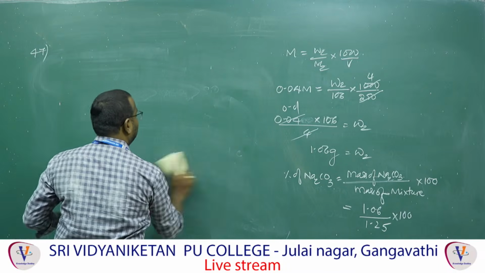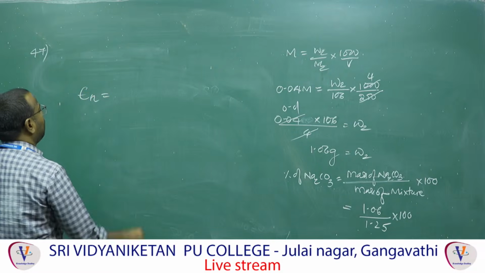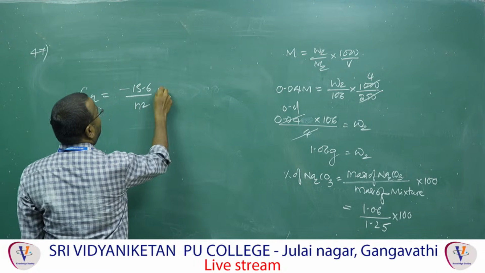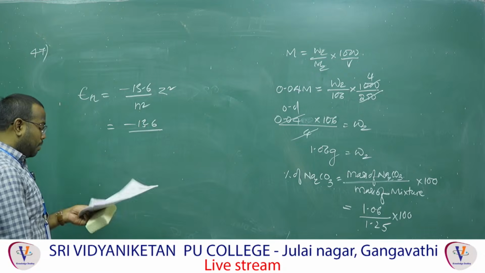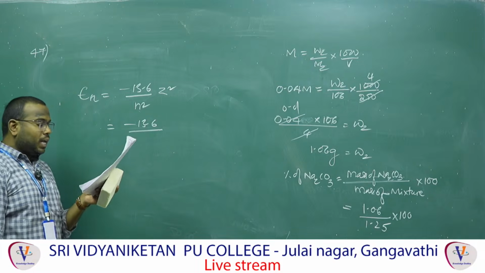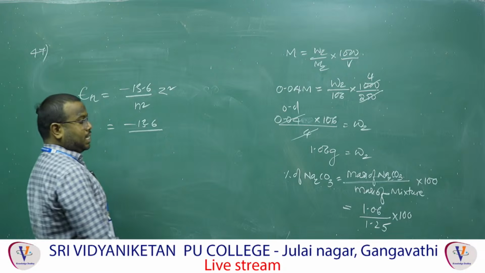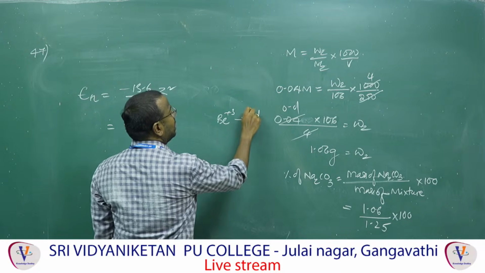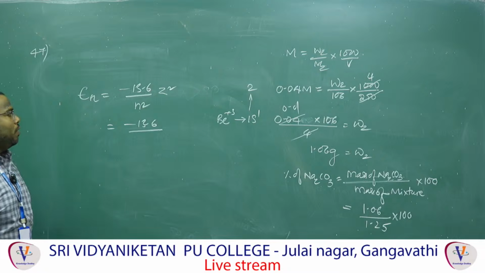To calculate this, we use the formula: energy of the nth orbit equals minus 13.6 Z square divided by n square. When we consider n, it is actually the first excited state. Beryllium plus 3 has configuration 1s1. Excited state means the second level. So we need to find it for the second level.